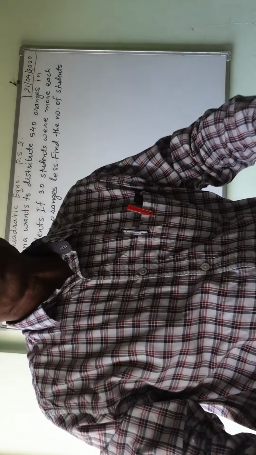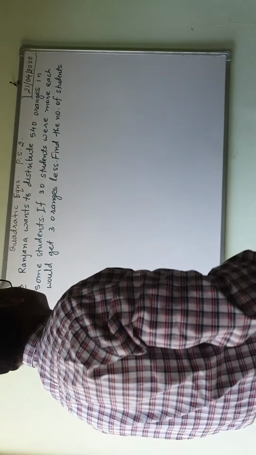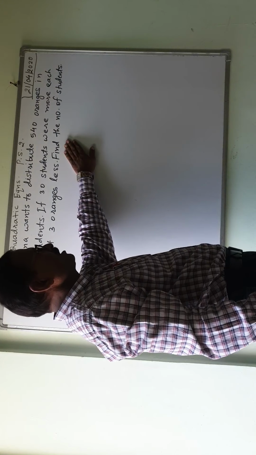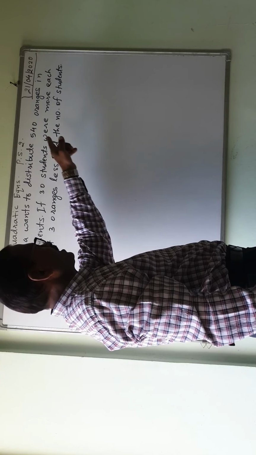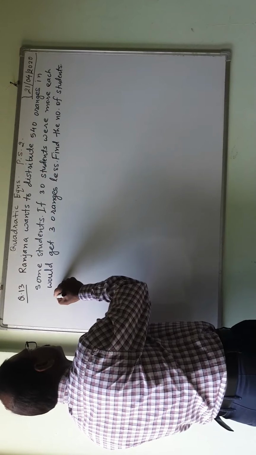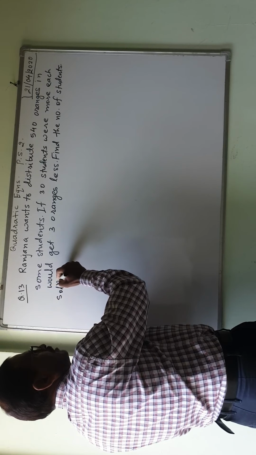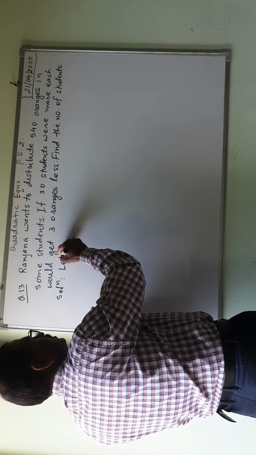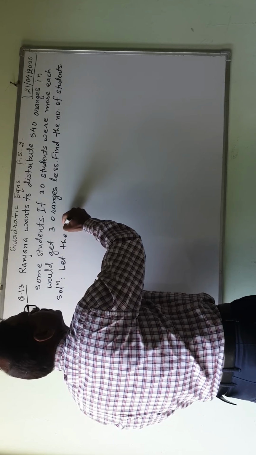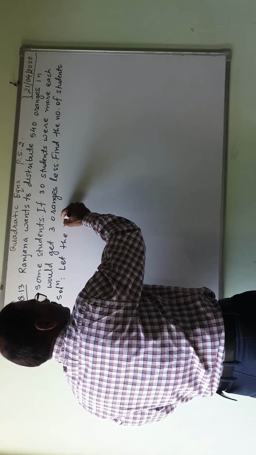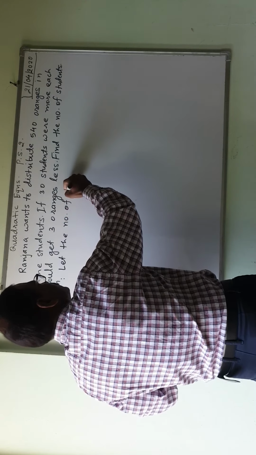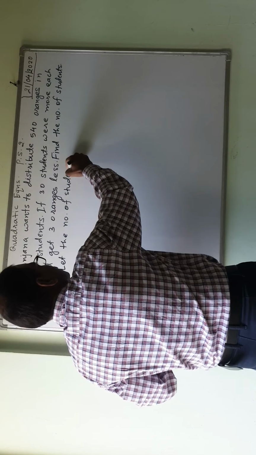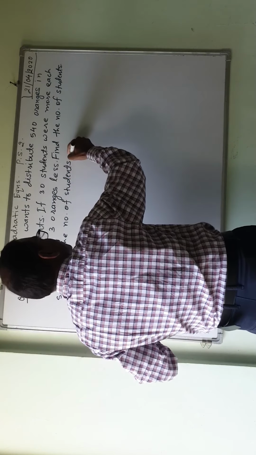Now how many students are there? We don't know. We have to find it. So whatever we have to find, that we will assume. Solution. Let the number of students be equal to x.